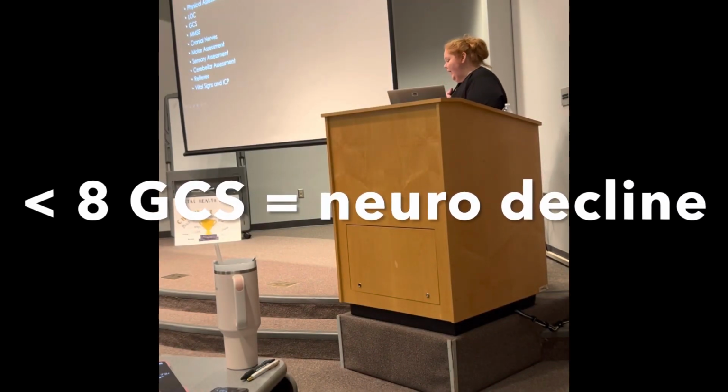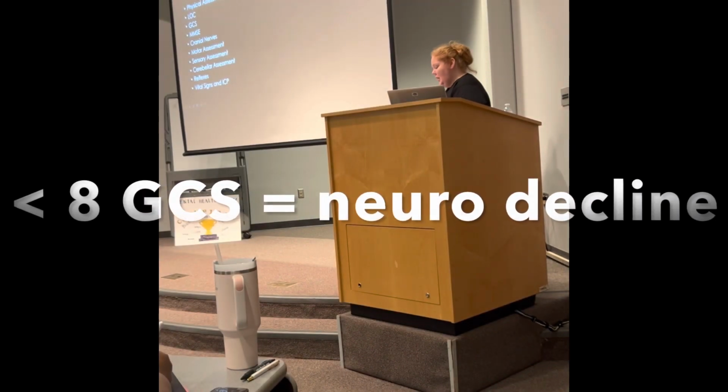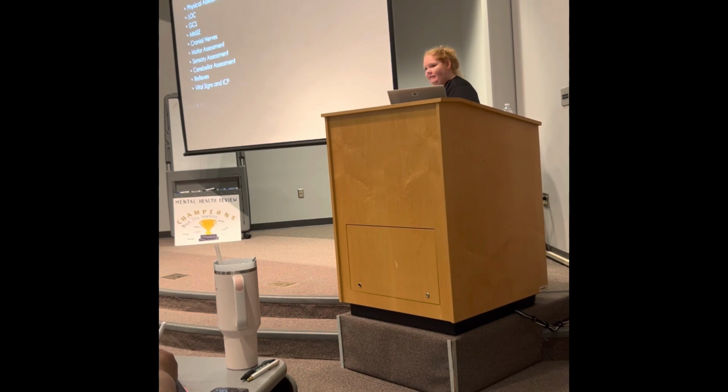So a score of 8 or below indicates that we've got some neuro issues going on. You said 8? 8 or below. And page 725, table 35.9 has information about that. Just to remind you. But you guys have seen that in your charting, in your EHR tutor, the charting.